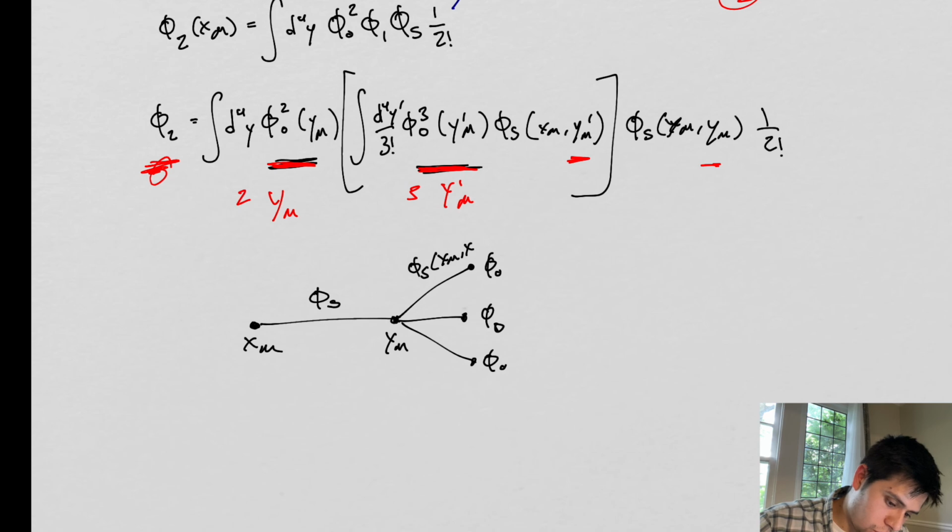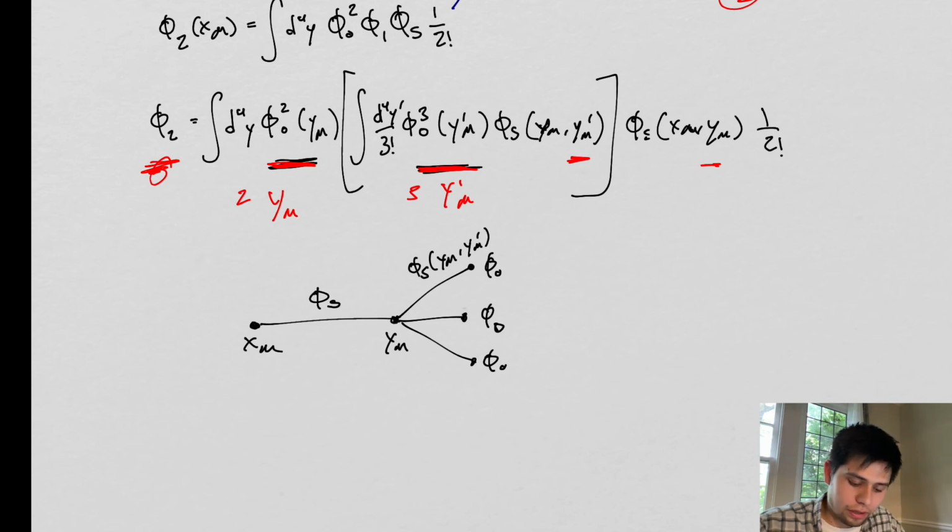And these are all determined by S. This should actually be Y, I believe. Yes. And that's an X. No, I have that mixed up. This is an X, and this is a Y. So this is y mu prime.